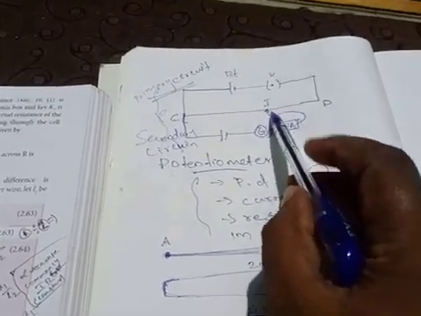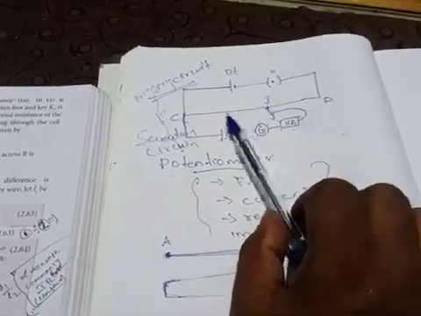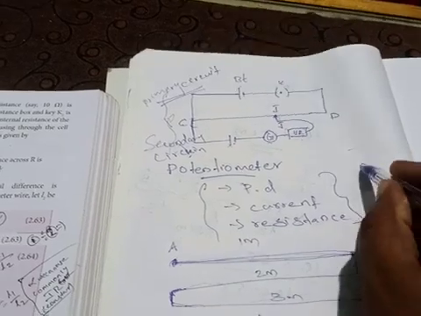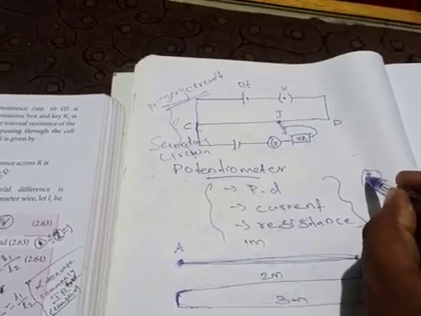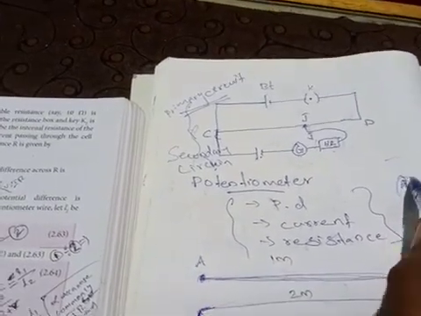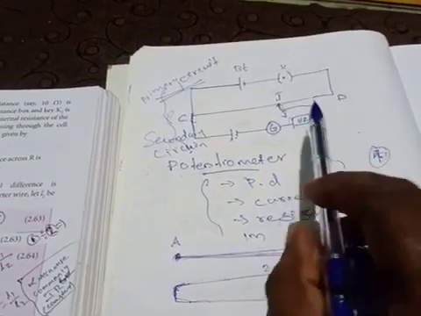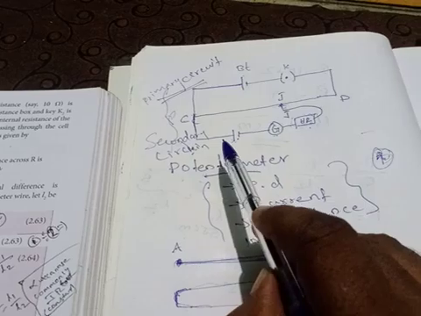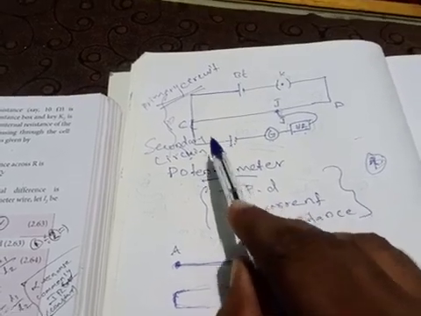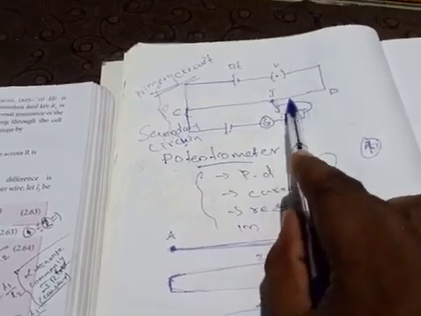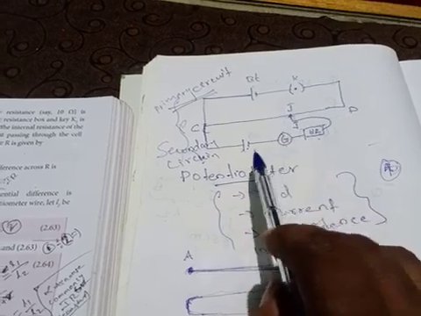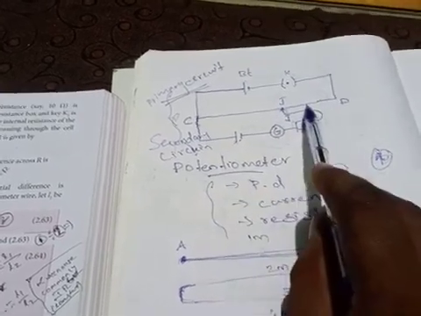When you reach some place, you can see that the galvanometer shows zero deflection, like this. Zero deflection. The galvanometer showing zero deflection means the potential difference across this wire and this cell is balanced.